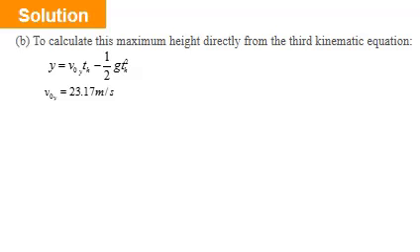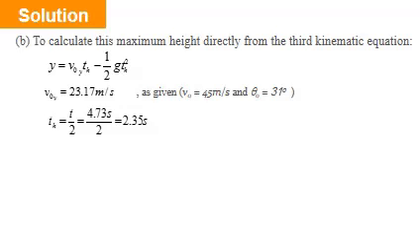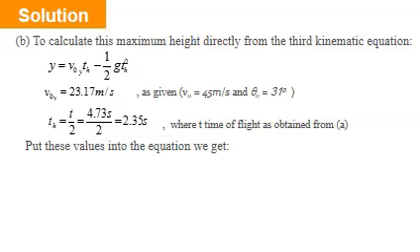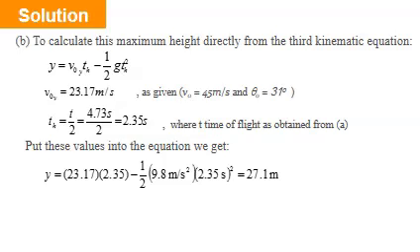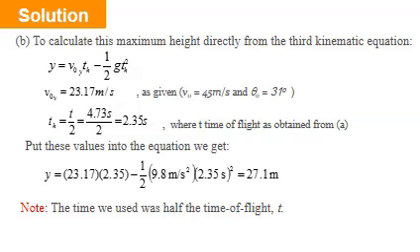Well, the information we have is v naught y as obtained before, 23.17 meters per second, and we have the time of flight 4.73. We divide that by 2 in order to get the time for the projectile at the maximum height. Then putting all these values into the above equation, we're going to get 27.1 meters. That is the maximum height.